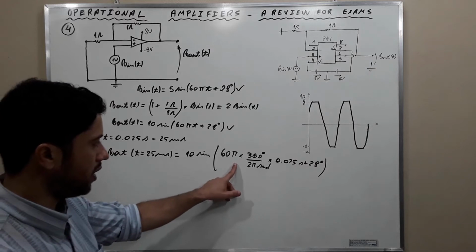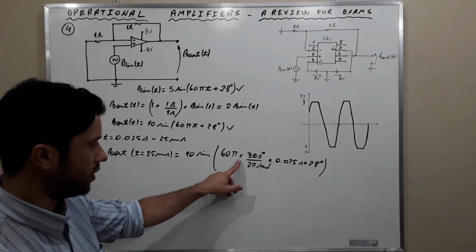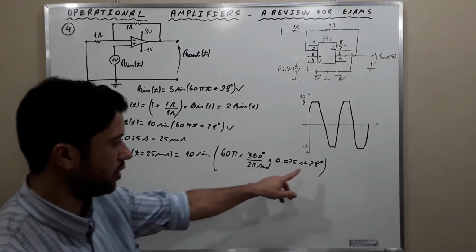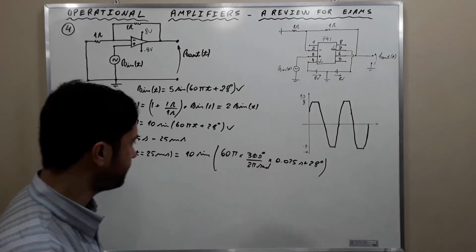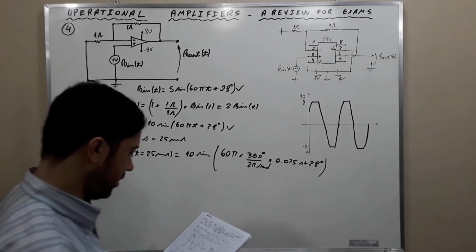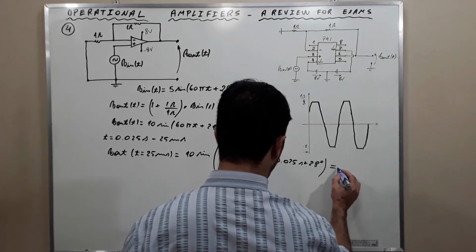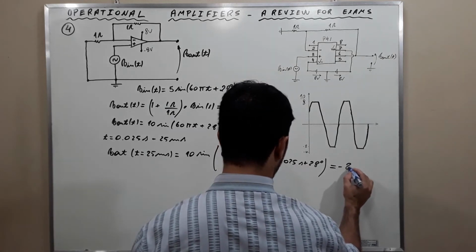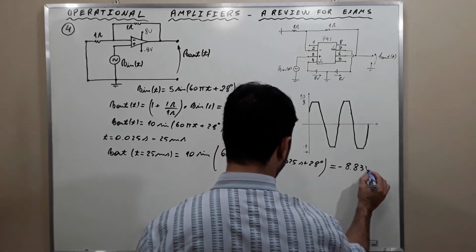And carrying out this, observe that this is a multiplication and this is an addition. We find that the output voltage is negative 8.83 volts.